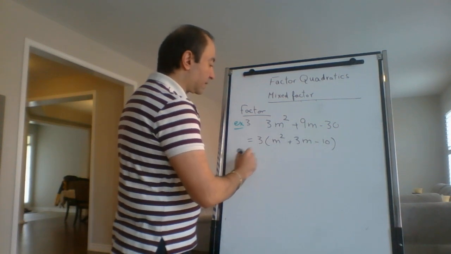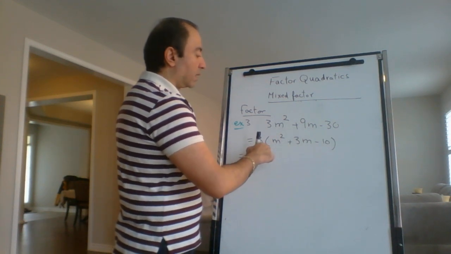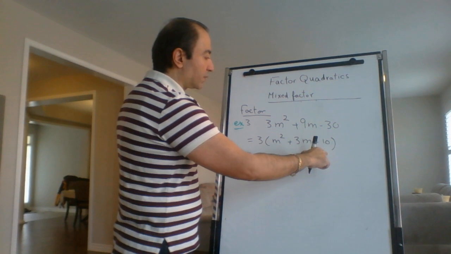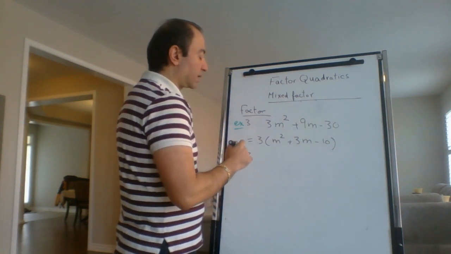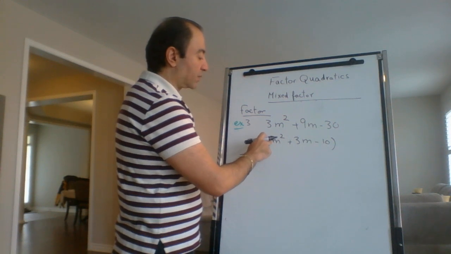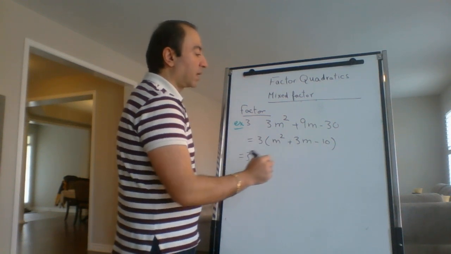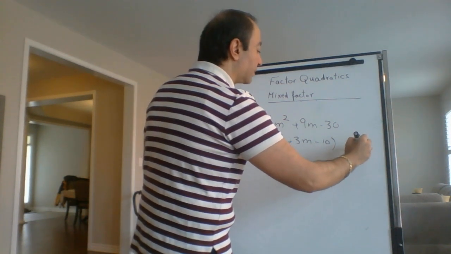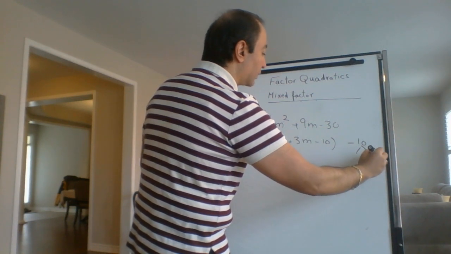Now, 3 stays, and I want to factor this. This is 3 terms, so the right side of the chart. A is 1, the number in front of m squared is 1. So right away, I look for two numbers multiplied to negative 10 and at the same time add to 3.